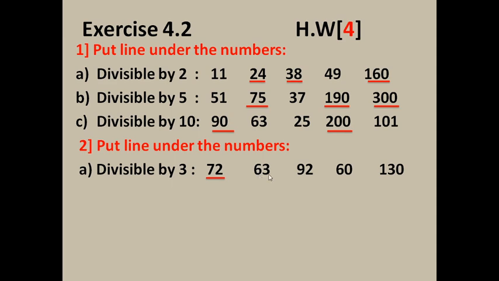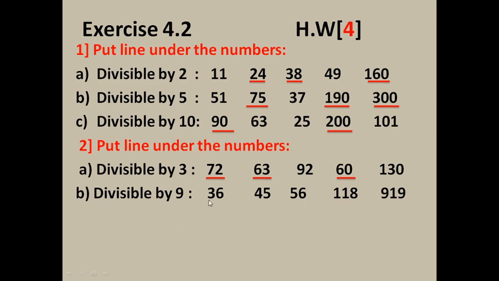Now here we add 6 plus 3, it will also be 9, so we can divide 9 by 3, yes, so 63 is also divisible by 3. And here no. And here 0 plus 6, it is 6. We can divide 6 by 3, yes, so it is also divisible by 3.